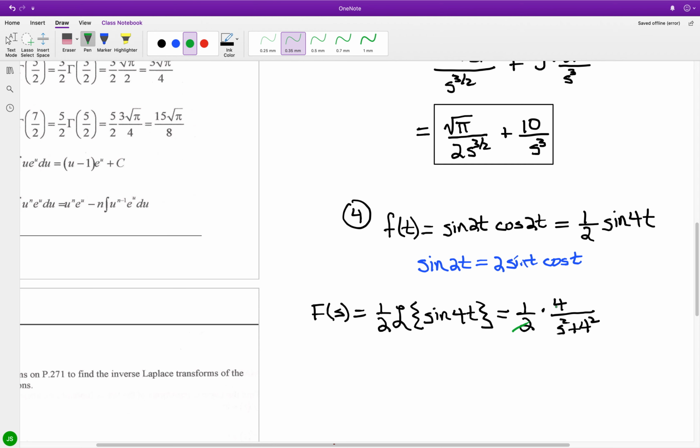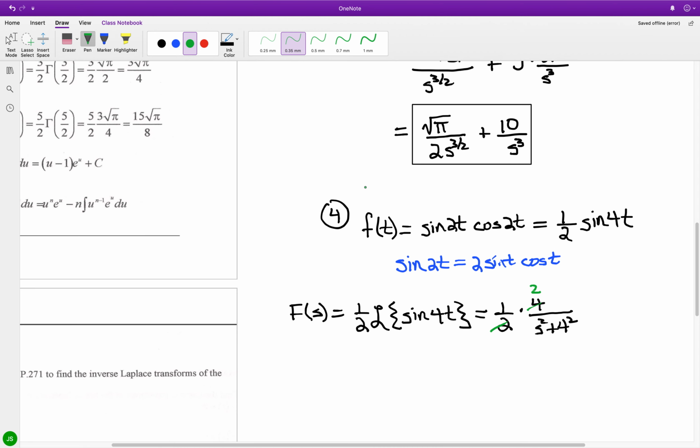Here we can reduce, half of 4 is going to be 2. And in terms of the final outcome, this would be 2 over s squared plus 16.